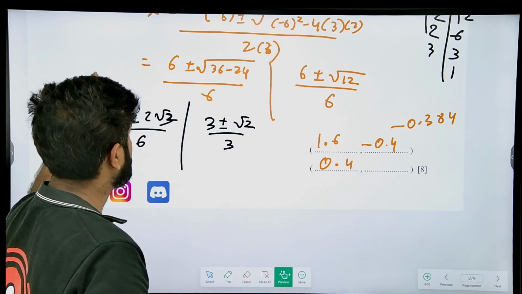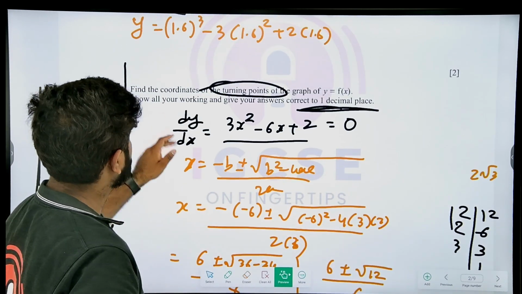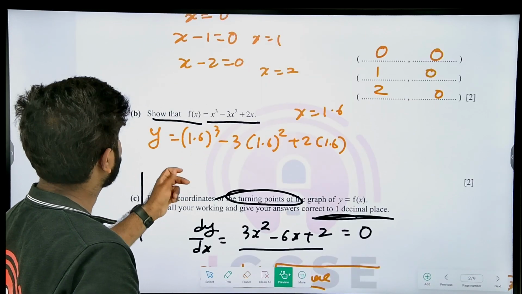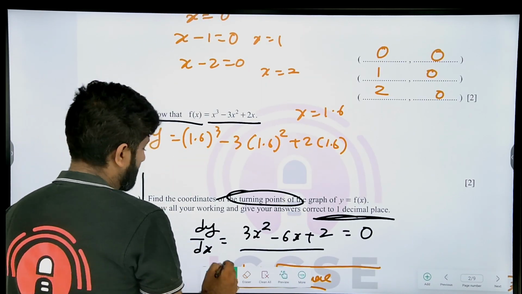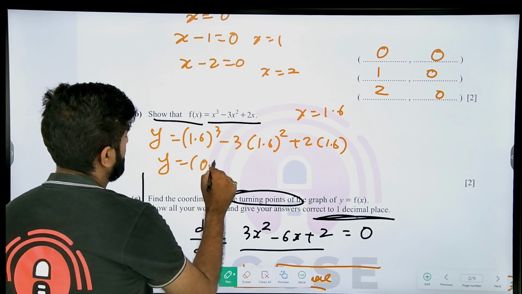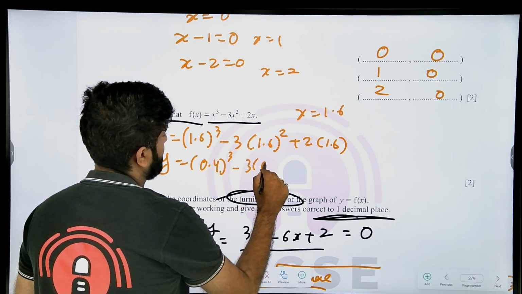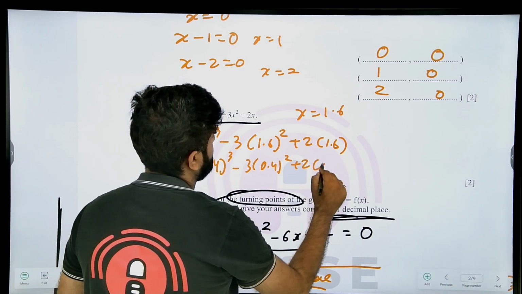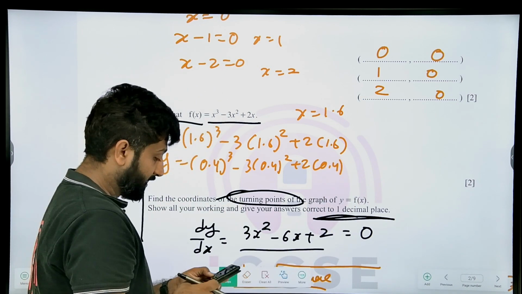In the same way, I'll substitute 0.4 in the main equation. So if I substitute 0.4 in the main equation, you have your value of y as 0.4 cubed minus 3 times 0.4 squared plus 2 times 0.4. So let me do that as well.